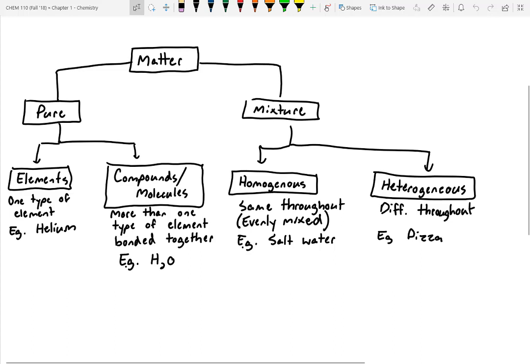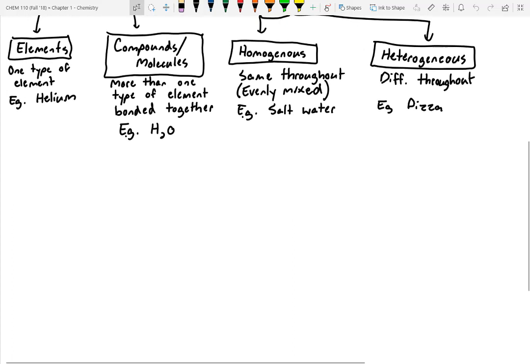I did want to kind of come back to the compound versus molecule thing, because that does confuse people. And we'll try to define the difference between them. It's a subtle difference and not a very important one, but it's just more of a definition one.